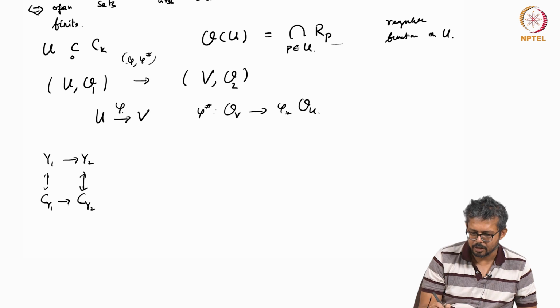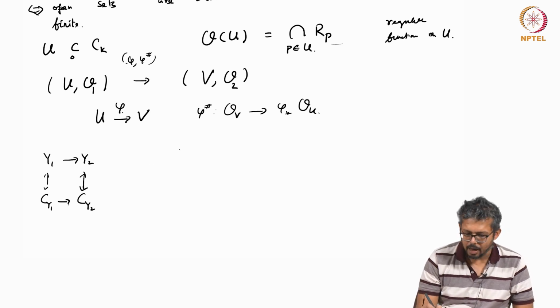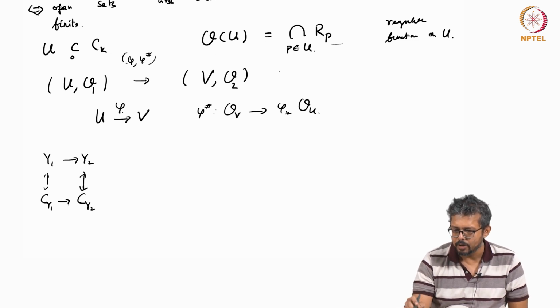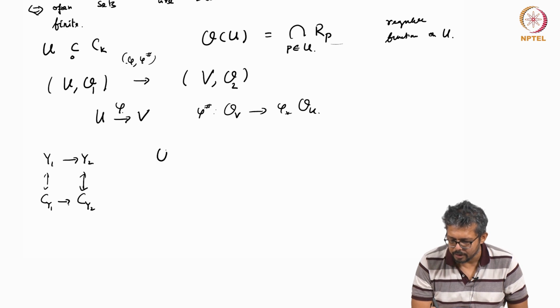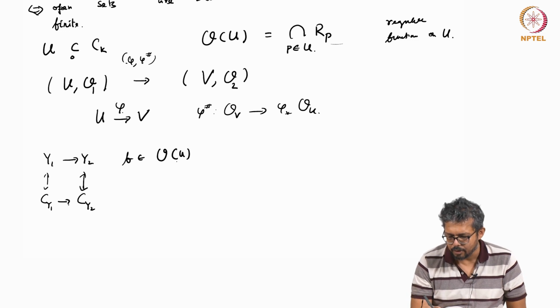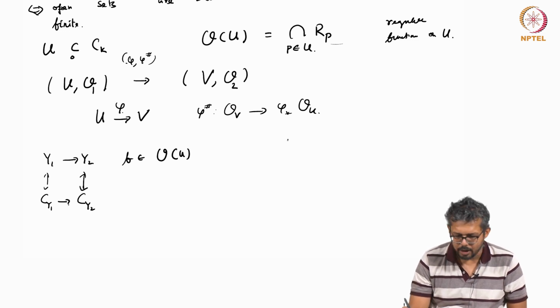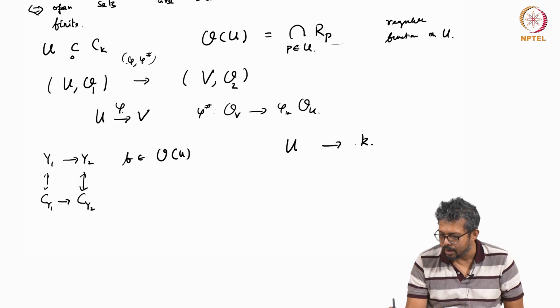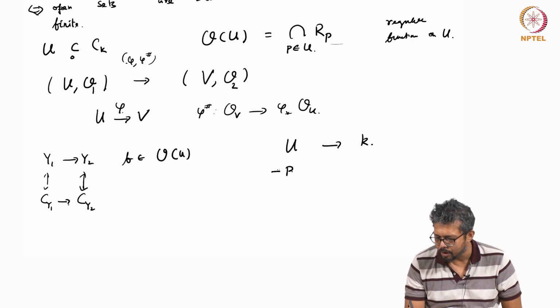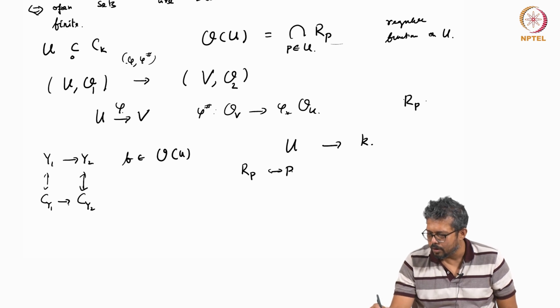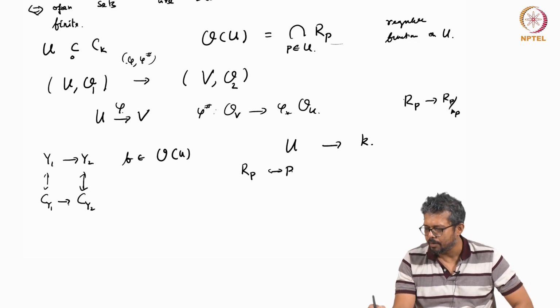Now the point is about these regular functions. You can think of an element of this O(U) as a function on U. If you take some element f in O(U), you can literally think of it as a function, because you define a map from U to K. Every point P corresponds to the local ring R_P, and from R_P to R_P mod M_P you have a map, where M_P is the maximal ideal of R_P.